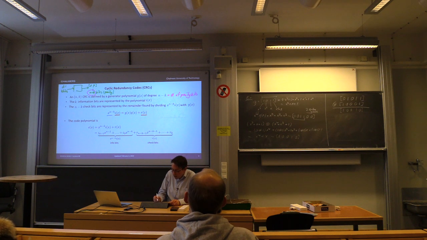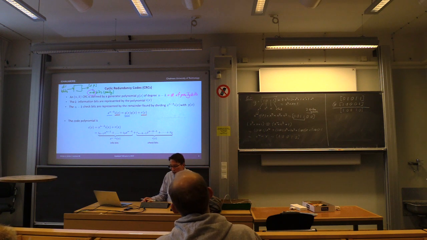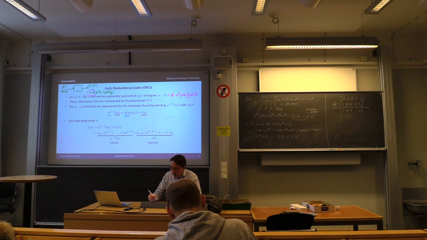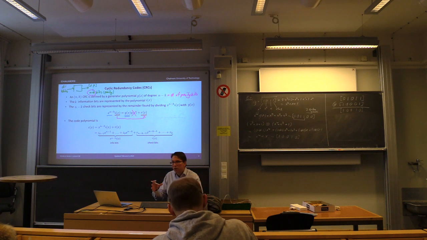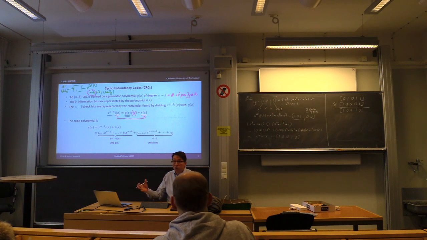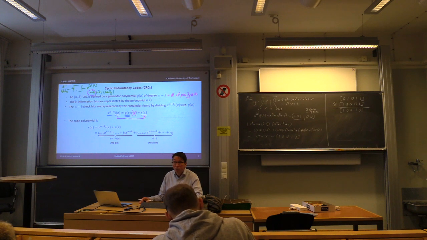And then we divide that by the generator polynomial. The generator polynomial is different for different codes. It's something which is given to us. And as a matter of fact, we really don't care about the quotient here. It's just a byproduct of the calculation. What we want is to go from information bits to parity bits. This is the interesting relationship. Actually, these are the parity bits that we would like to compute.